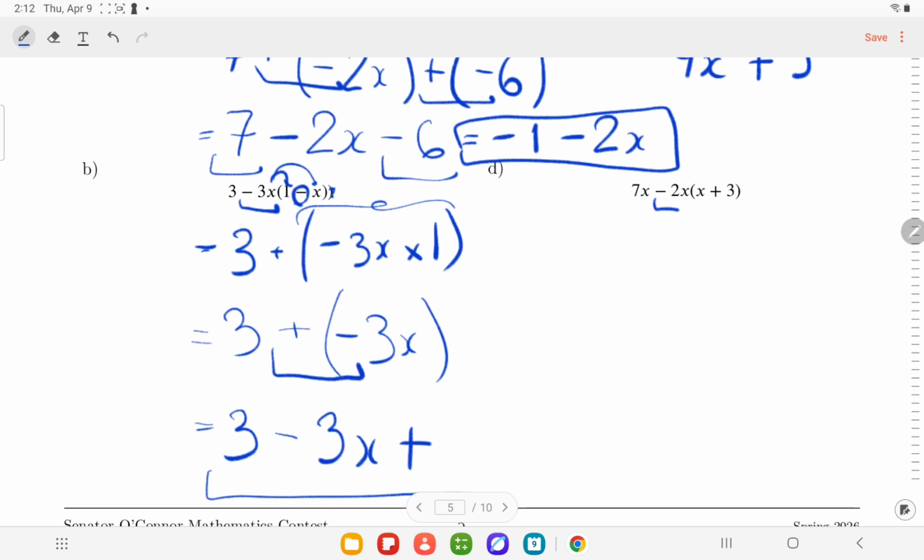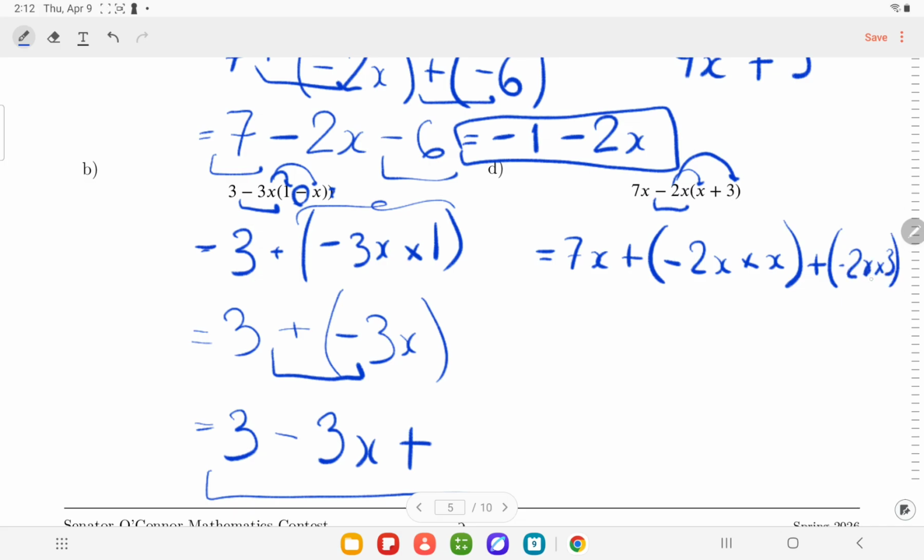Here we have negative 2x that is getting distributed. So we have negative 2x times x plus negative 2x times 3. And then we look at the brackets.